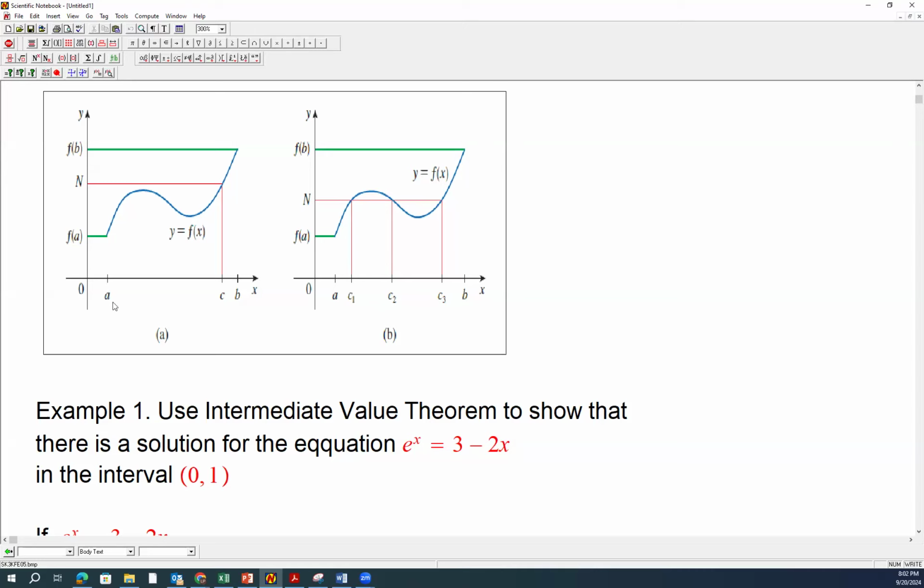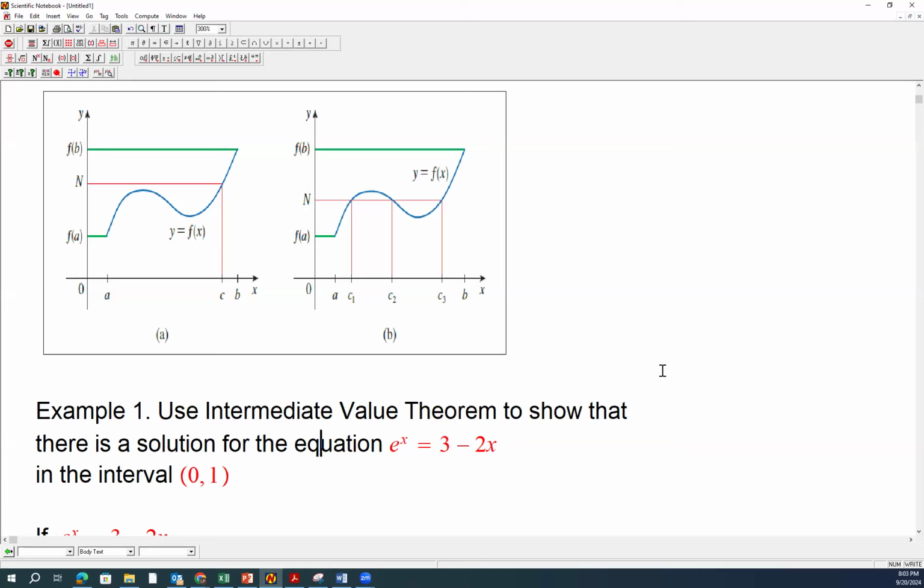You can also see that a, c, b are on the x-axis, they're inputs. f of a, capital N, f of b are outputs. Sometimes we may have more than one c in this case, but the theorem only guarantees there's one. Of course, if there's one, we can say there's at least one.